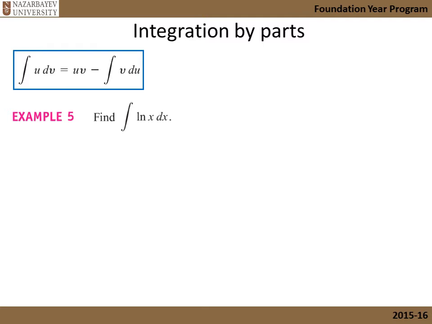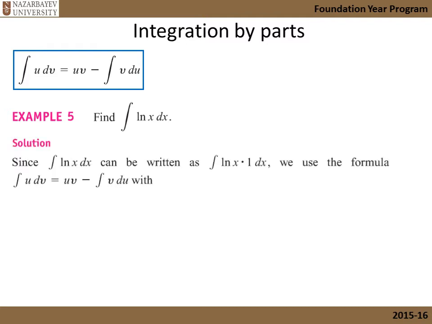Let's look at the next example on integration by parts. We need to find the integral of ln x. So since this integral of ln x dx can be written as ln x times 1 times dx, we use this formula: the integral of u dv equals uv minus the integral of v du. Our u will be equal to ln x, so this simplifies when differentiated. Our du will be equal to 1 over x dx.